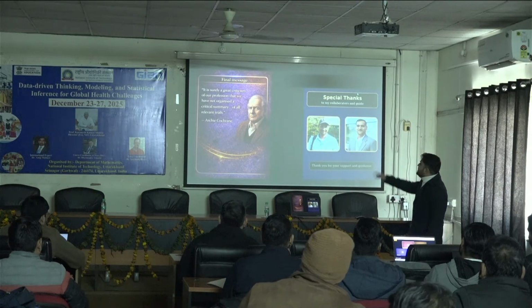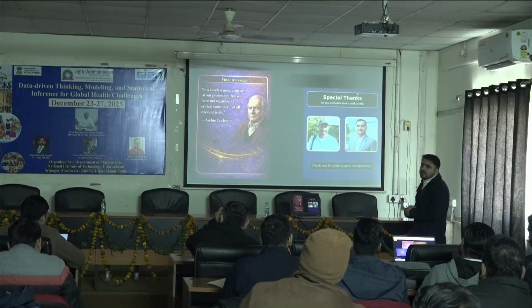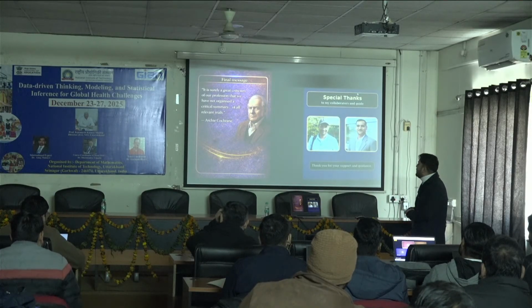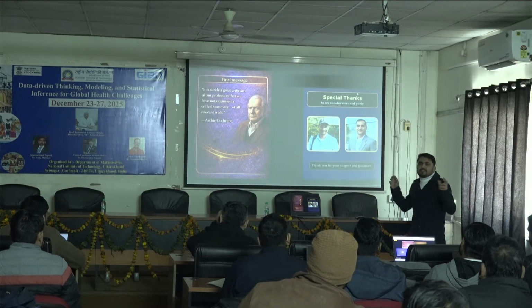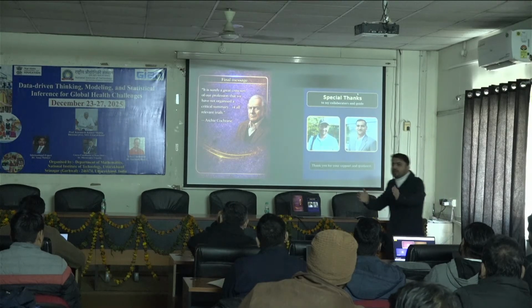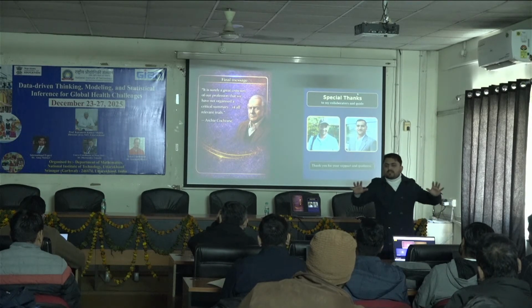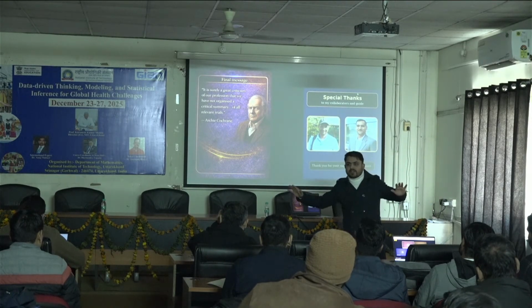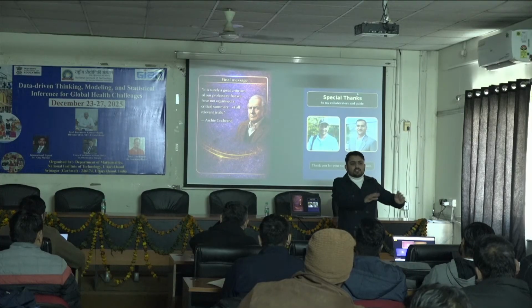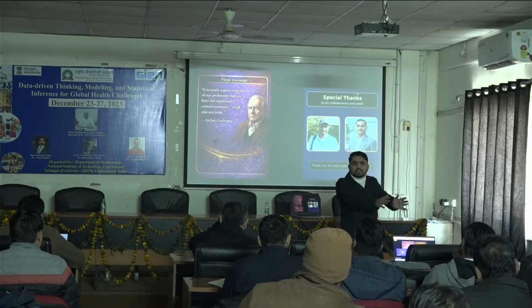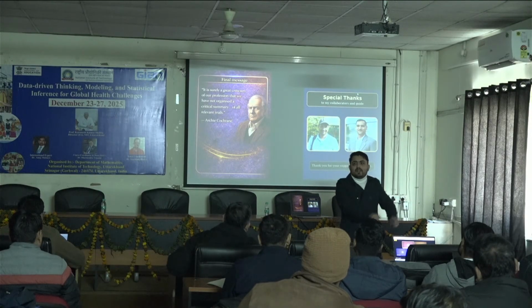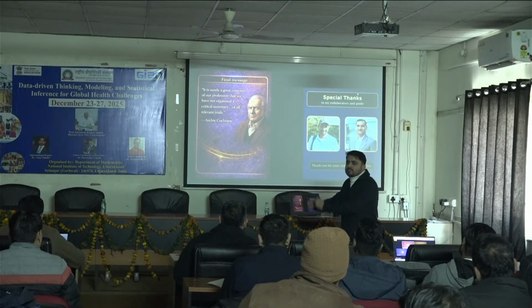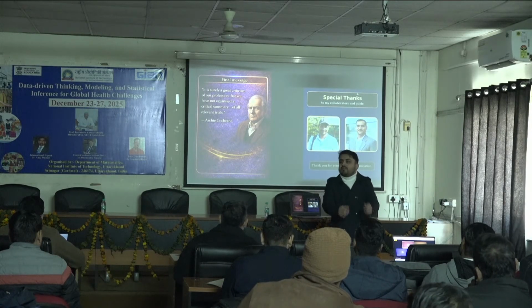He is called the father of modern evidence-based medicine. When a medicine is prescribed, you do clinical trials, right? One clinical trial shows that on this population, this medicine worked well. Then another clinical study shows that on another population, this medicine worked well.